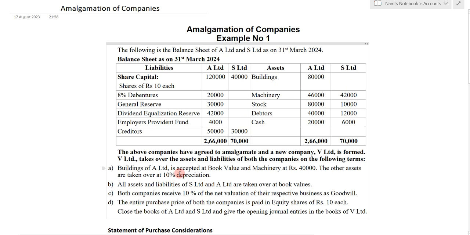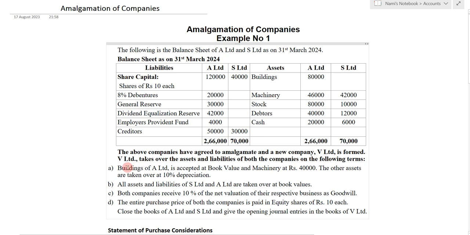Now the additional information is provided. The above companies, that means A Limited and S Limited, agreed to amalgamate and a new company, V Limited, is formed. So A Limited and S Limited are the selling companies, the transferor companies, and V Limited is the transferee company, the purchasing company.